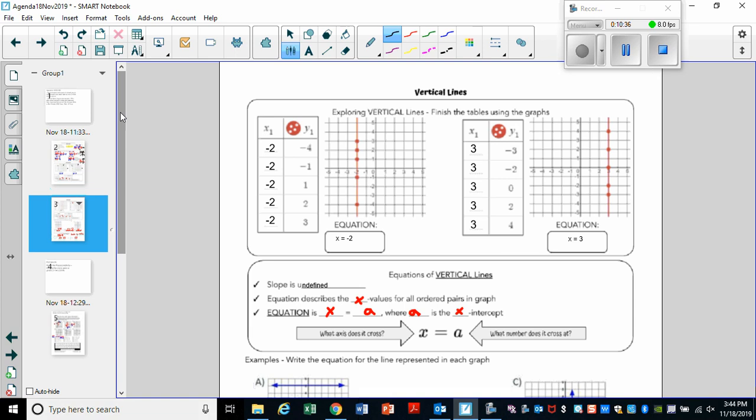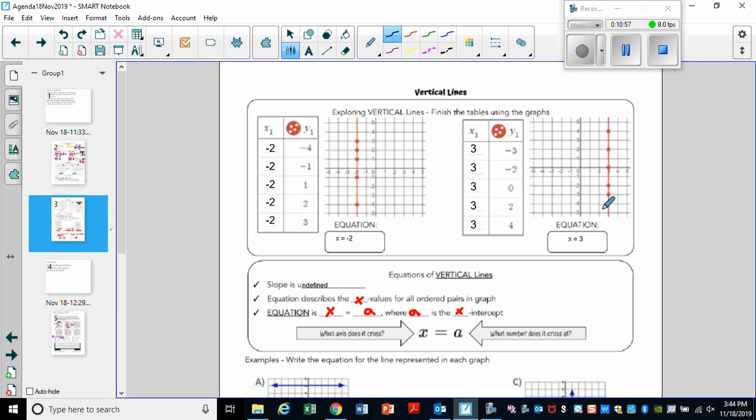Vertical lines, similar to the horizontal. In this case, your x values are all -2 for the graph on the left-hand side, and x values +3 on the right.